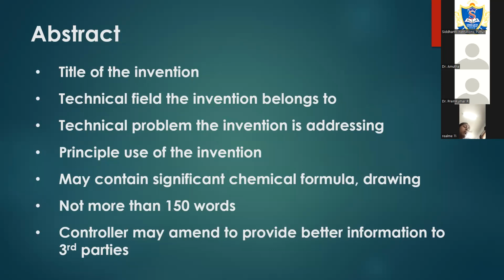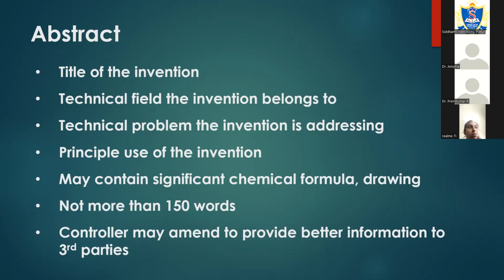In order to reduce the time in classification, we give an abstract which contains the title of your invention and the technical field, whether electrical, mechanical, or some other field. It needs to be mentioned so that they can classify it under that particular section.